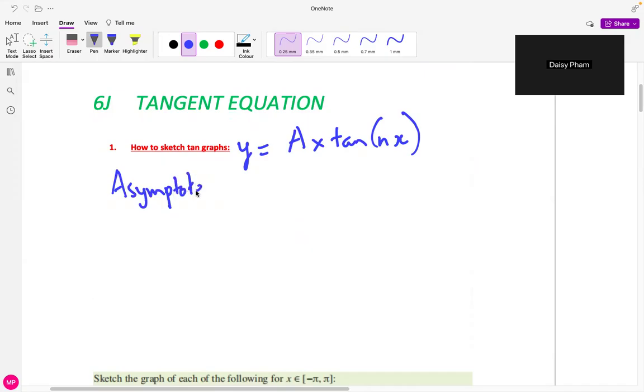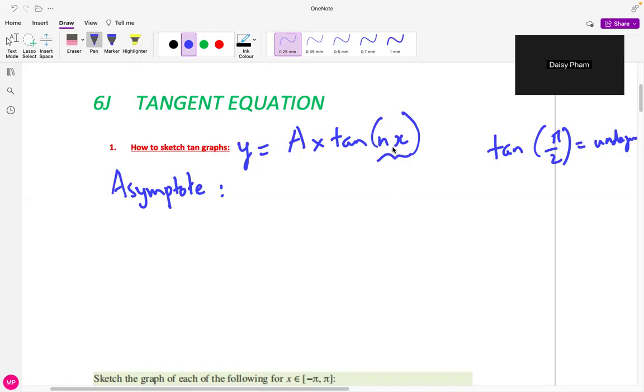The asymptote is where whatever the x value inside makes this pi over 2, because tan of pi over 2 is undefined.